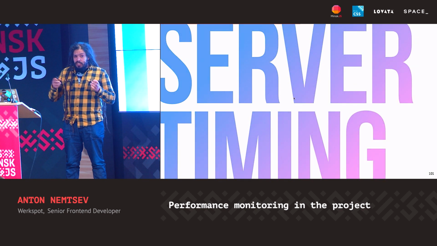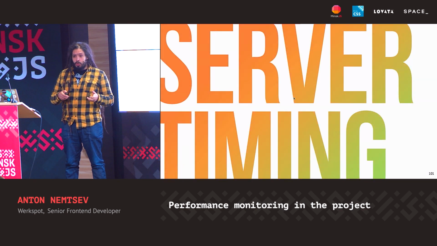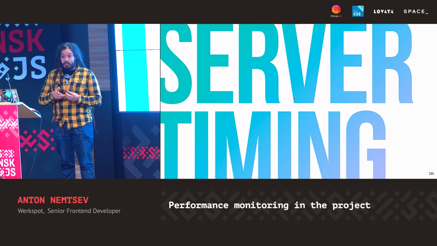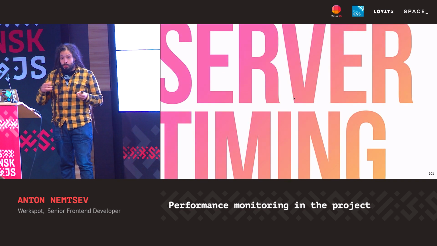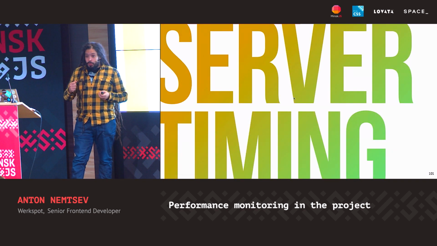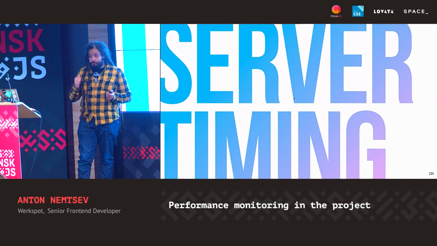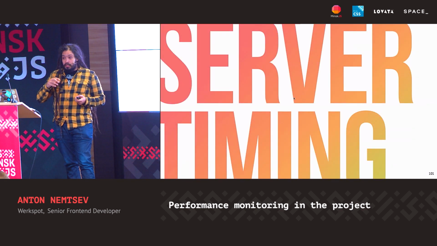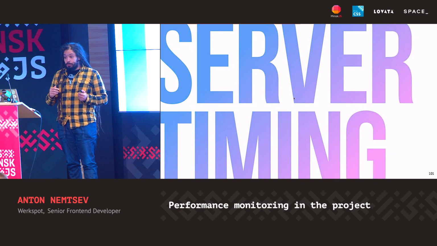If you need to know some timings from your Node server, or other server, or, for example, need to understand what happened, what logic works, you may use Server Timing and just see the result in the browser, in the timing tab, or access it with JavaScript.